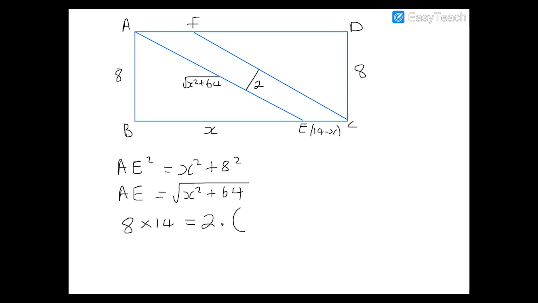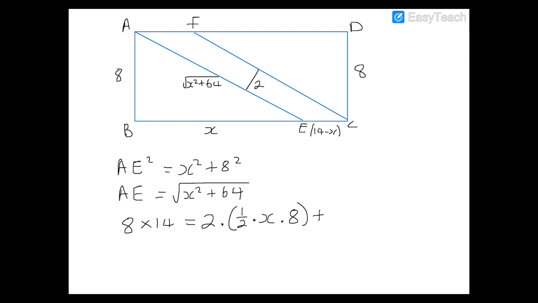So we have 2 multiplied by, sorry, it's half, multiplied by the base, which is x, multiplied by the perpendicular height of 8, and we add the area of the strip. If you look at this strip, we can notice that it is a parallelogram, because this side is parallel to this side, properties of a rectangle, and this side is parallel to that side, assuming that the width is 2 all throughout the strip.